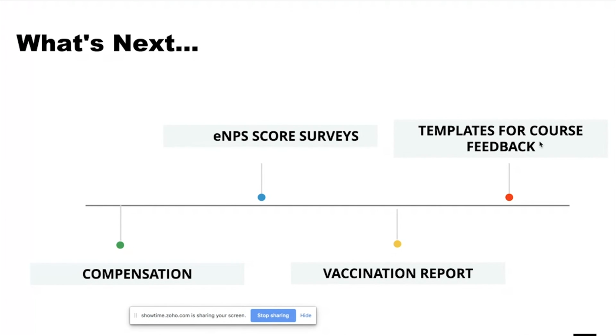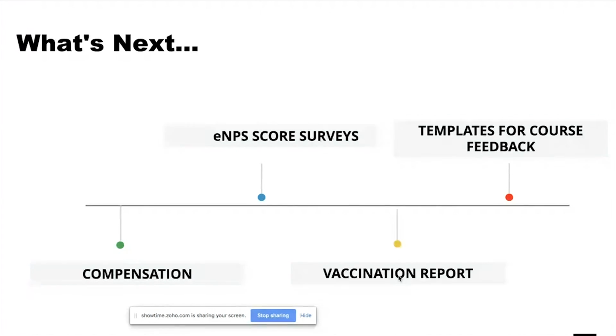And for any feedback that you collect for courses in LMS, we have pre-built templates, or you can even build your own templates and collate and collect the right amount of information that you need to gather from your learners. And we're also working on an elaborate compensation module that will help manage salaries, compensation, and other benefit aspects from the human resources side.